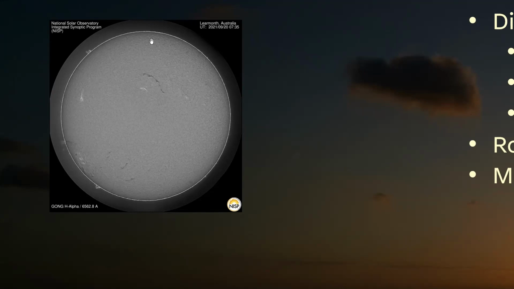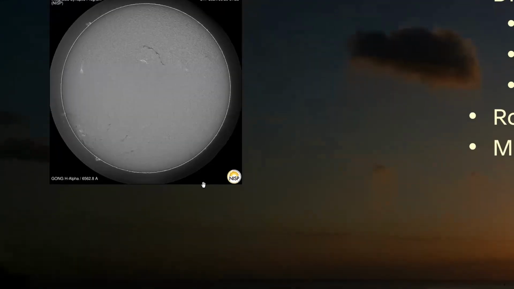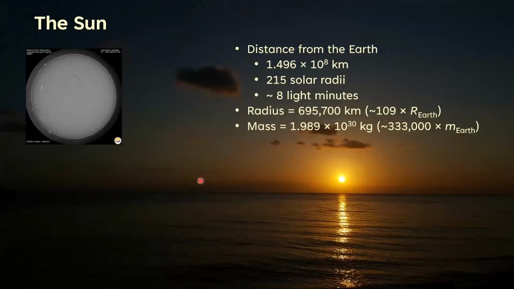This is the image of the sun using this filter, 656 angstrom. This is red light. So if you're going to see the sun from the ground, it would look something like this.